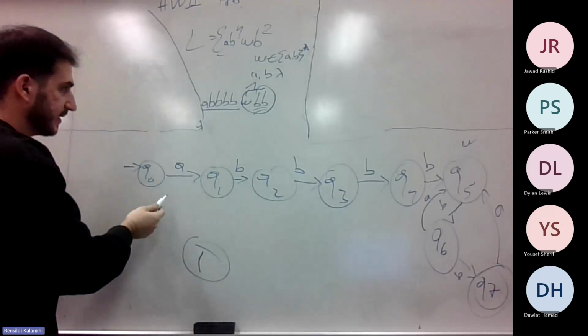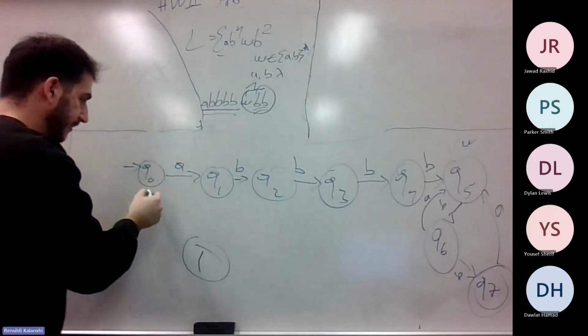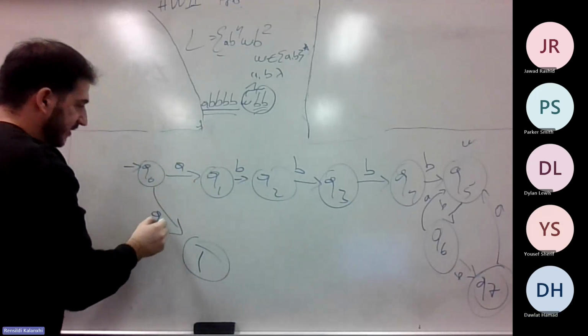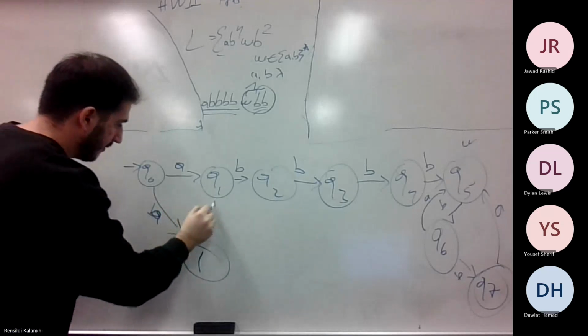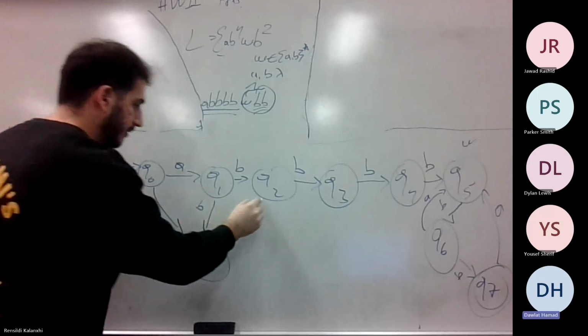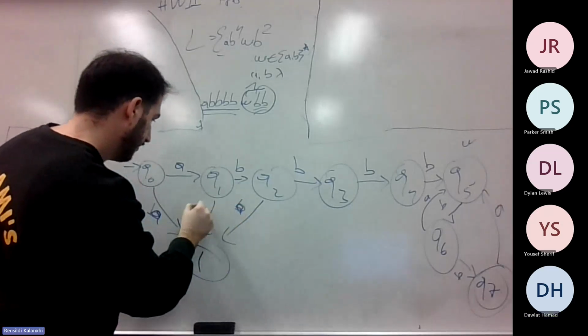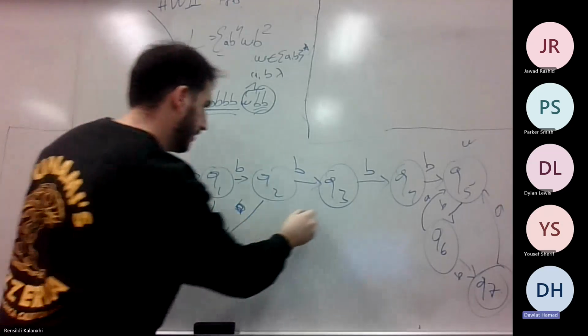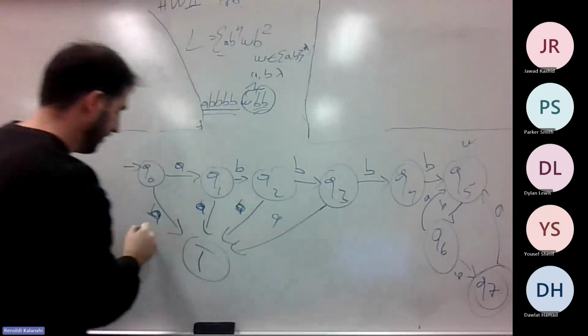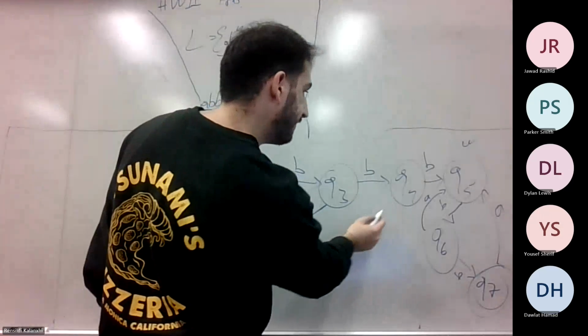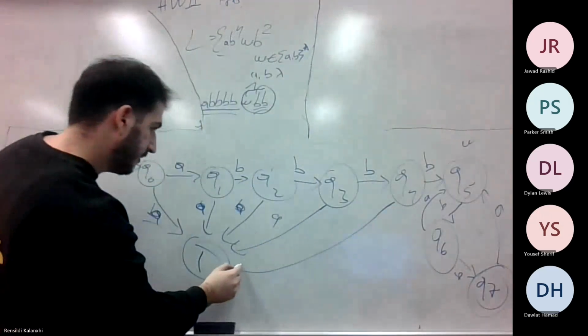For the other states, which were very restricted, we send the other symbols to the trap. This is a, this is a, this is b, and this is a.